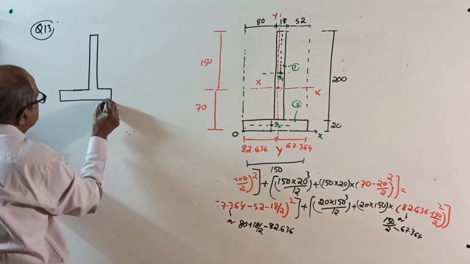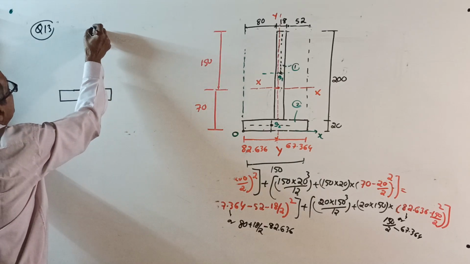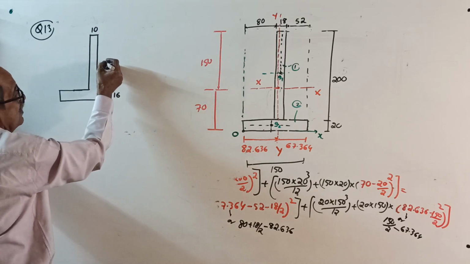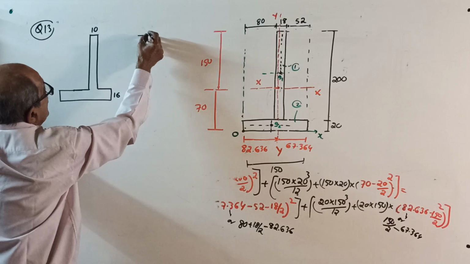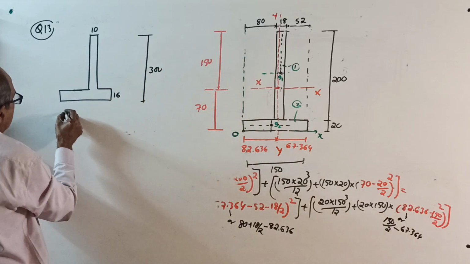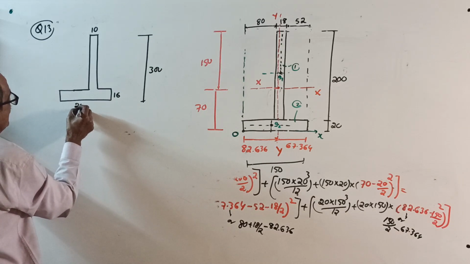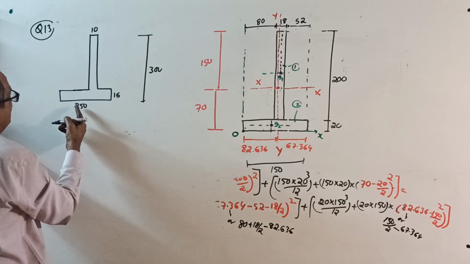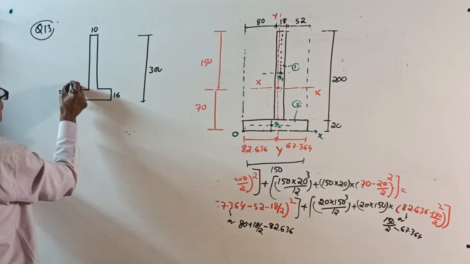See, this way: 10, 16, total given. Total is 300. This width is 250. And this offset is 250 by 125, little more than 125, 150.